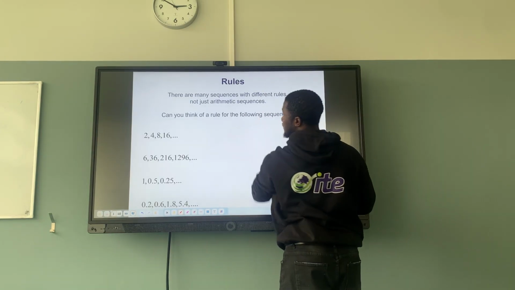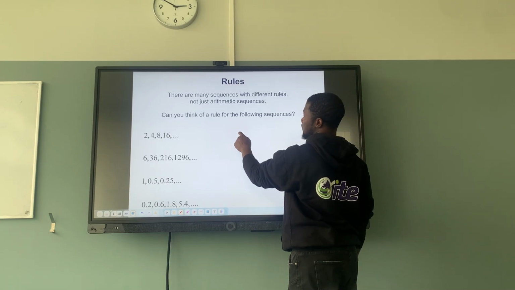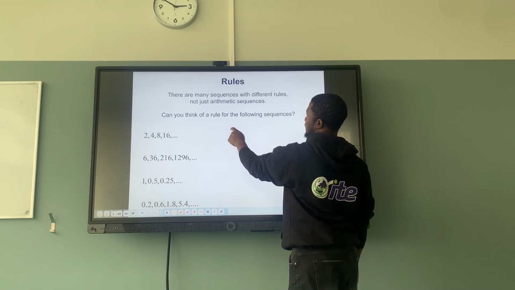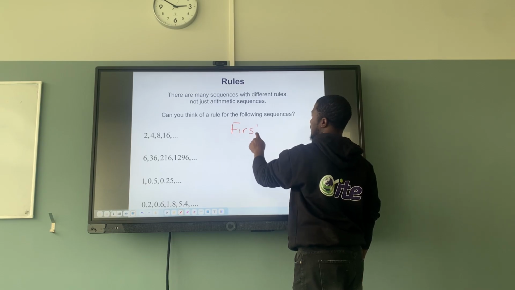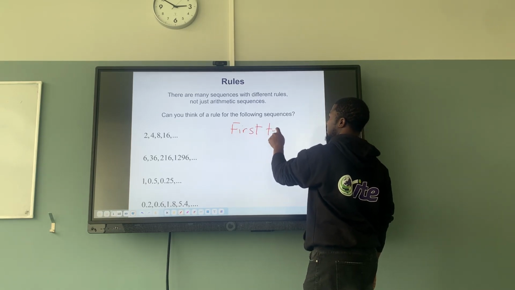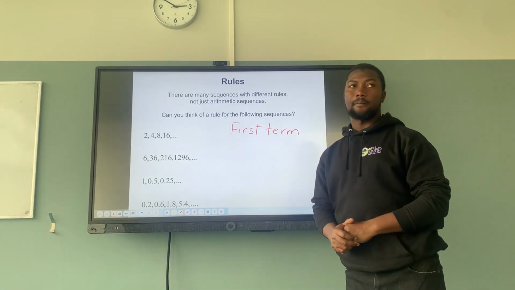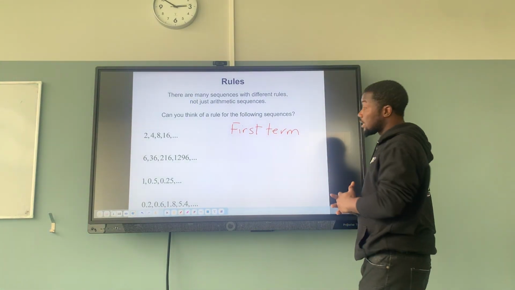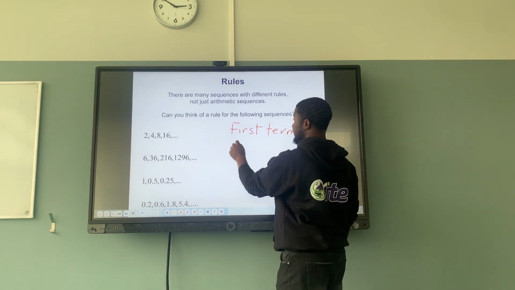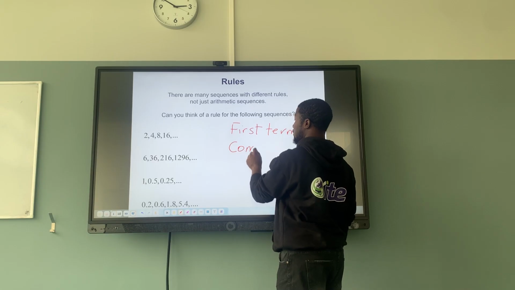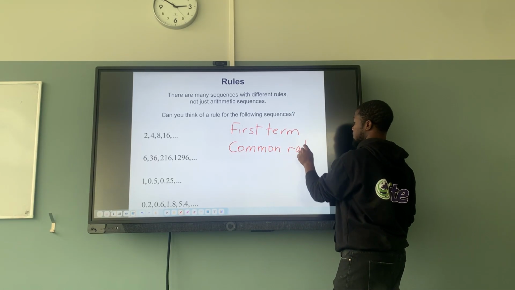There are two things that I will mention here. The first one is the first term. This applies to every sequence. Every sequence has a first term, meaning it has a starting point, and then also there exists what we call a common ratio.